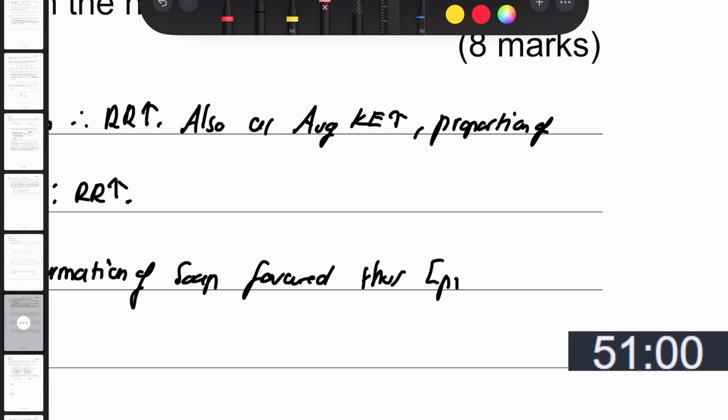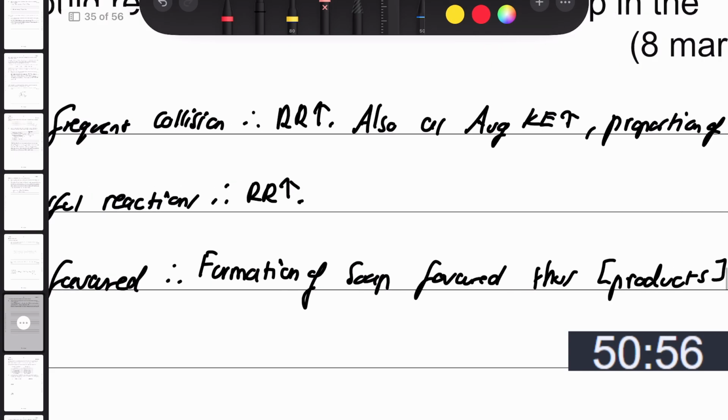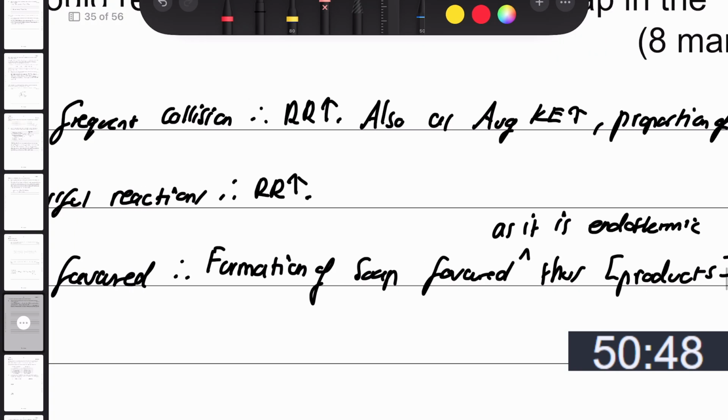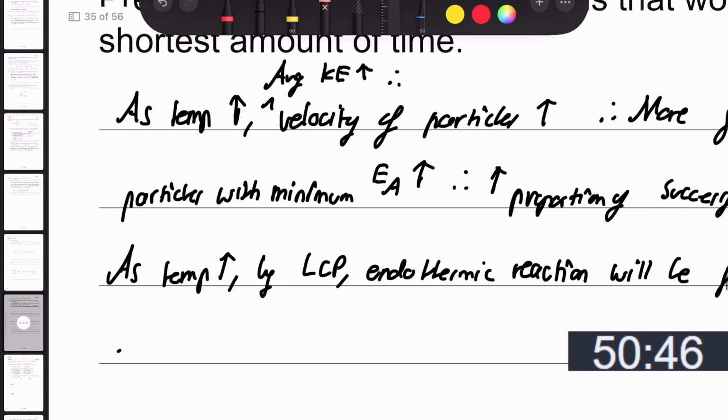As increased products favored as it is endothermic. Products increase, therefore yield will increase. Not concentration of yield, just yield will increase.